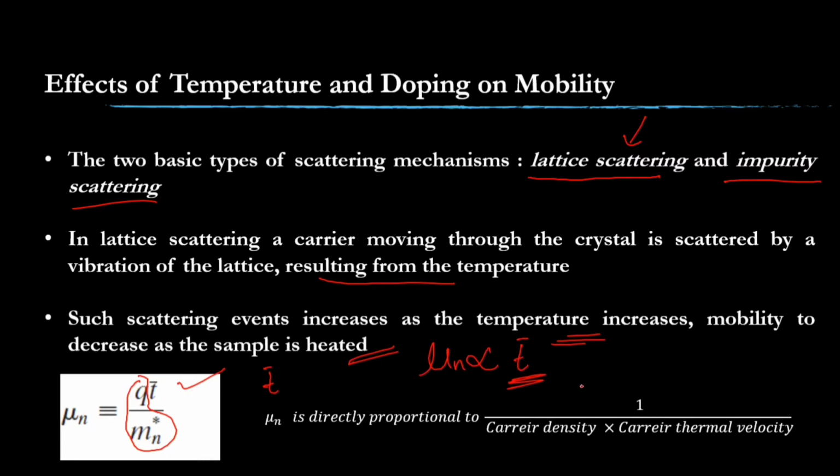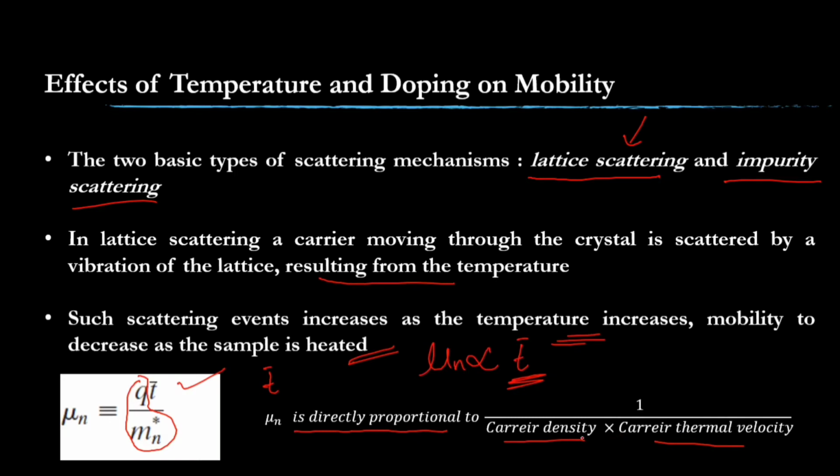So indirectly, the mobility of electron is directly proportional to 1 by carrier density into 1 by thermal velocity. The thermal velocity means the velocity acquired by the charge carriers when there is a temperature increase.